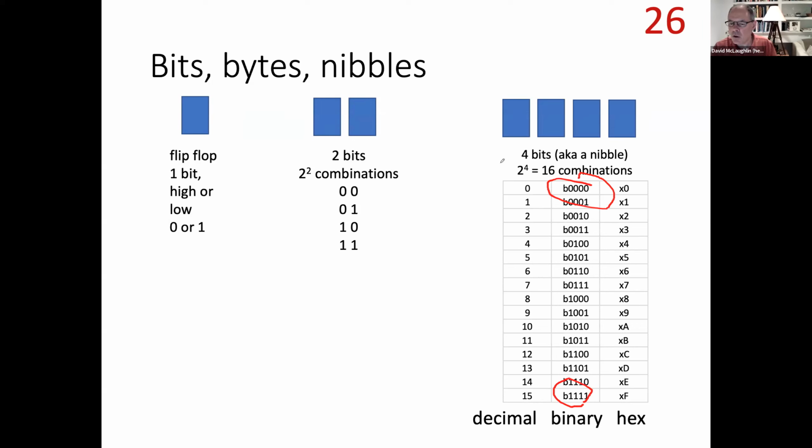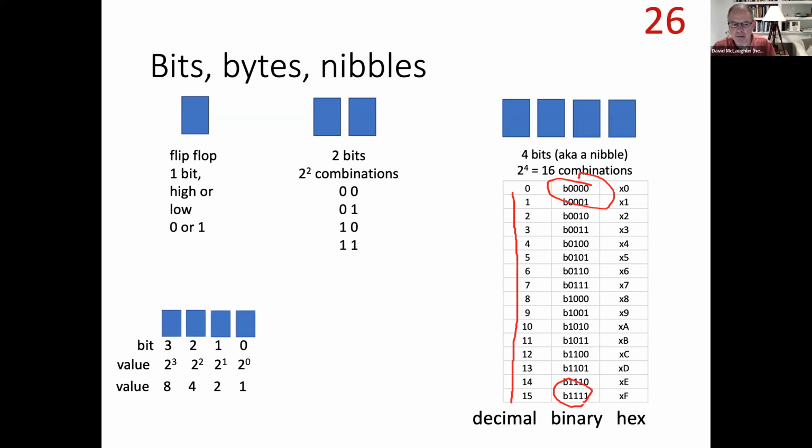We can also describe the value of a 4-bit value in decimal, right? And we know how to convert between binary and decimal. Let me bring this up over here on the left. When you have this set of bits, on the right you have the least significant bit, and on the left you have the most significant bit.